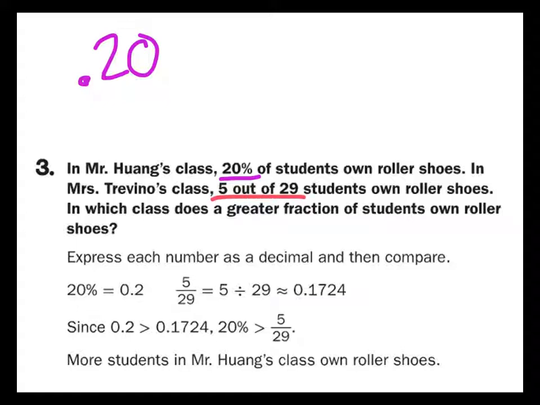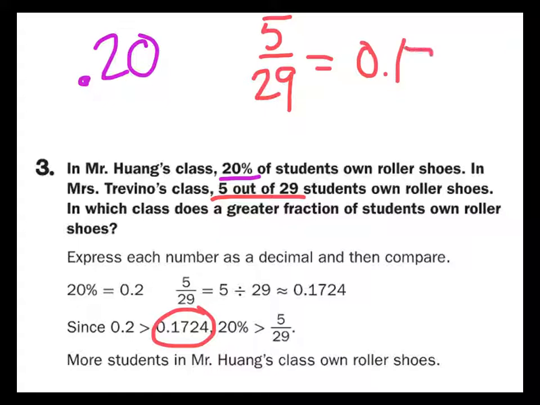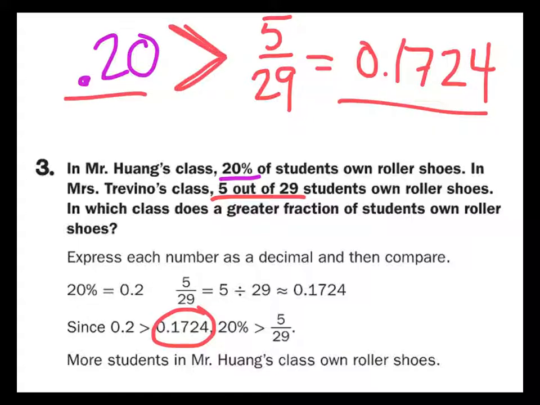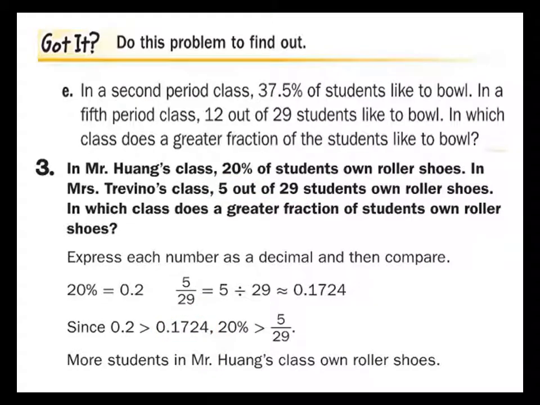It's 5 out of 29, which as you can see here would give you 0.1724. Since this one is smaller than this one, 0.2 is bigger. So it looks like Mr. Huang's class has more students that own roller shoes.